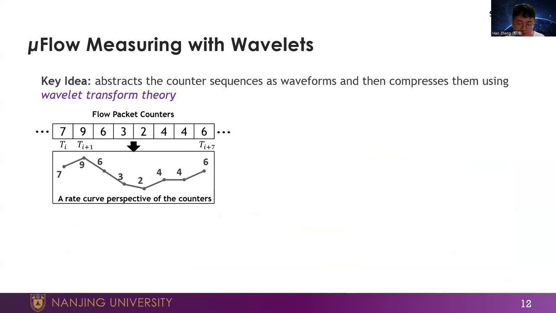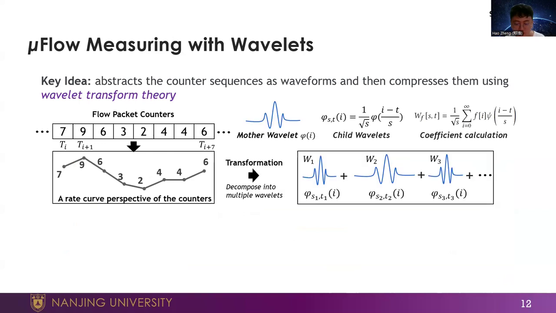The key idea is to abstract the counter sequence as waveforms and then compress them using wavelet transform theory. Here is a rate curve view of the counter sequence. Wavelet transform compresses the waveform of this curve in three steps. The first step is wavelet transform.